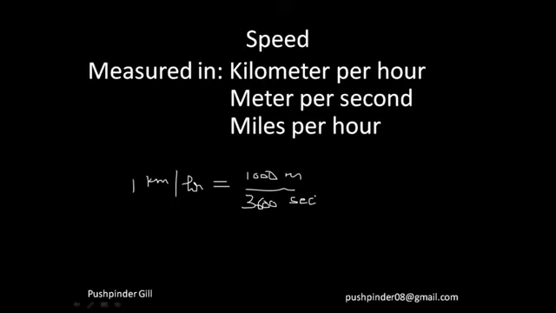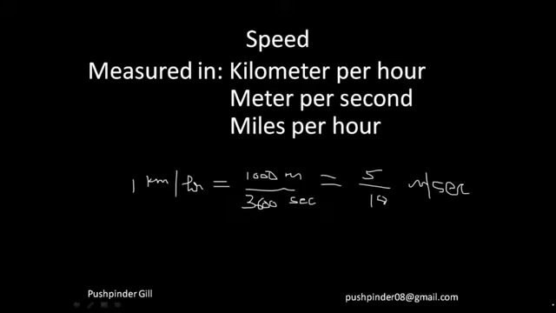If we calculate it, it comes out to be 5 by 18 meter per second. That means 1 kilometer per hour is equal to 5 by 18 meter per second. In any way you want to remember it, you can remember it this way as well.